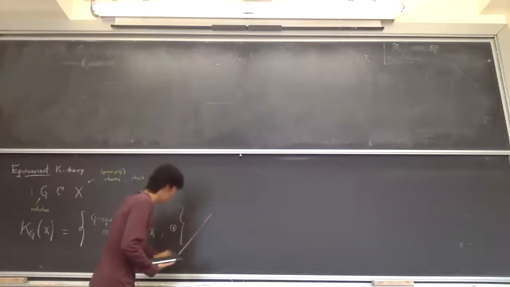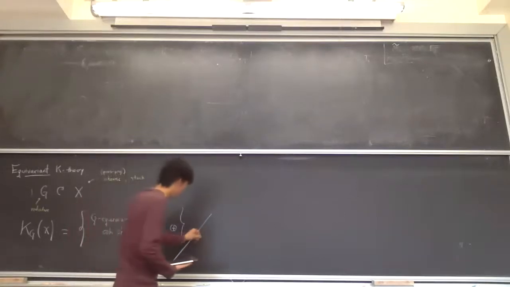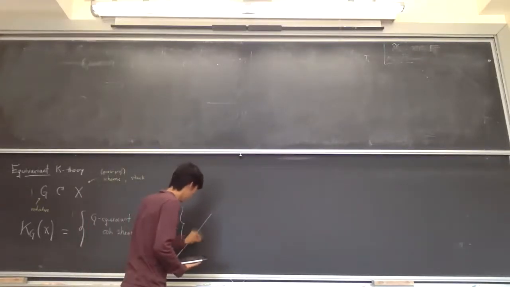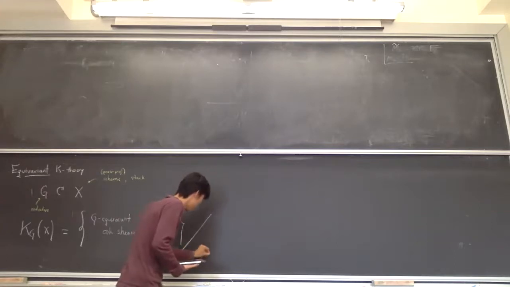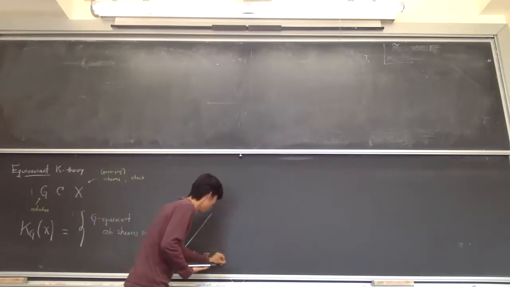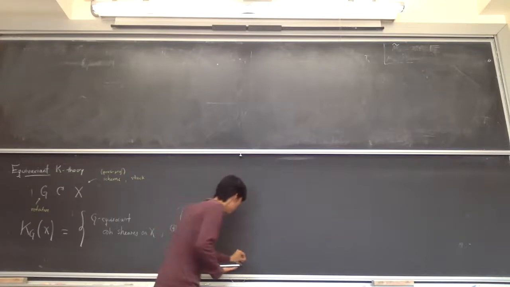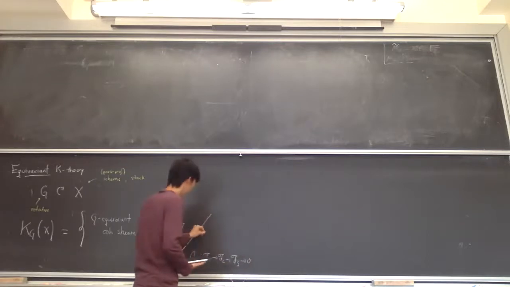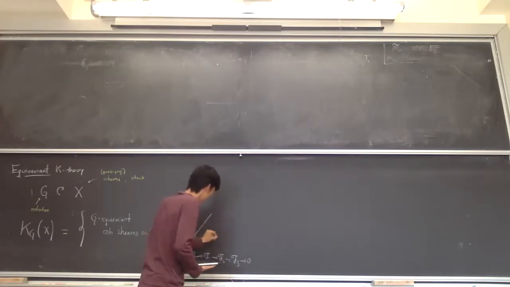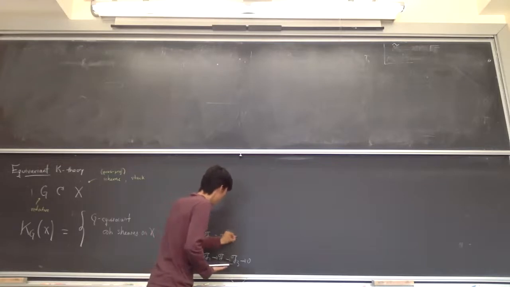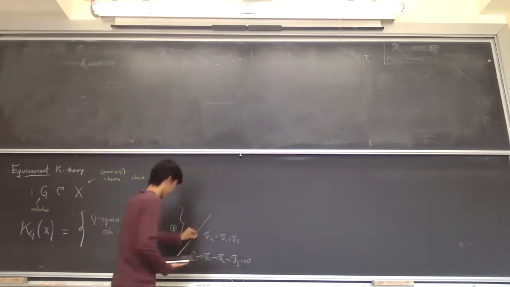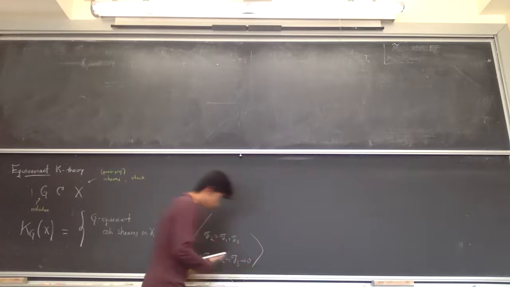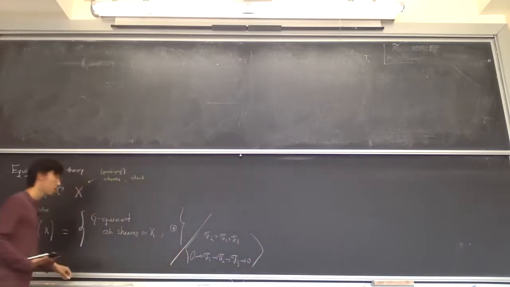And you're going to mod by some relations which come from short exact sequences. If you have a short exact sequence, F1 to F2 to F3 to 0, then you'll have a relation like F2 is equal to F1 plus F3. Okay, so that's equivariant K-theory in a nutshell.